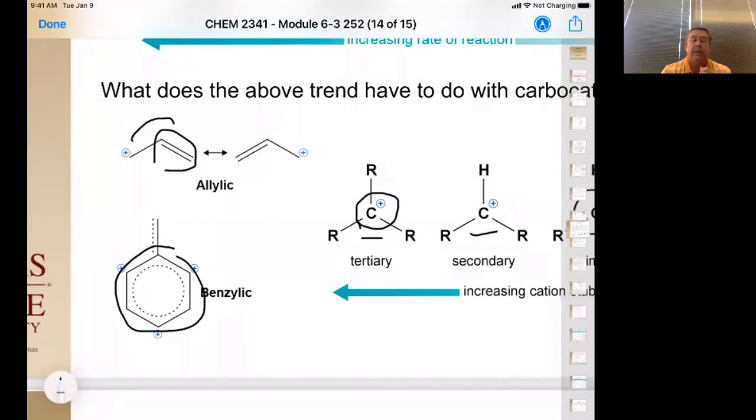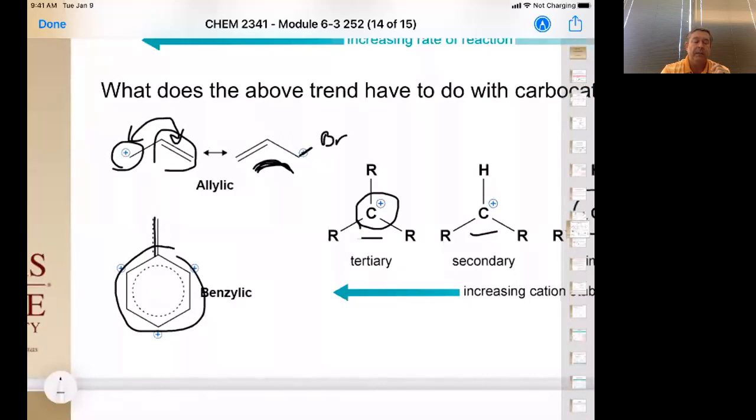We can have the cation, even though it looks like a primary cation, it's actually resonance stabilized over 2 carbons. We can have that positive charge on 1 carbon and on the 3 carbon, and it'll go back and forth, back and forth. So those allylic positions, this primary alkyl halide actually can undergo an Sn1 because of the conjugation.